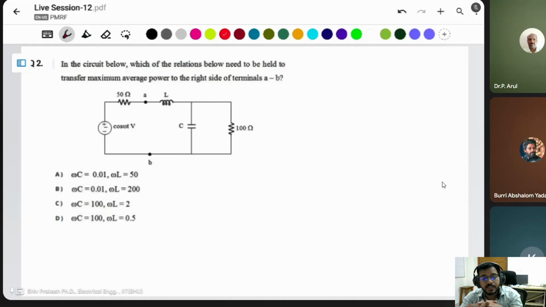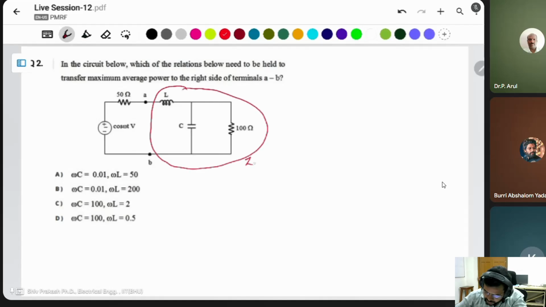In this case, what is the source impedance? Source impedance is a resistor only, which is 50 ohm. The remaining part is the load in this case, because the terminals A and B are given and it asks about the power transfer to A and B. So you have to consider this as the load impedance and this as the source impedance.